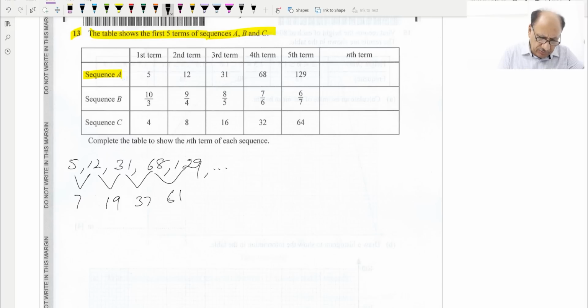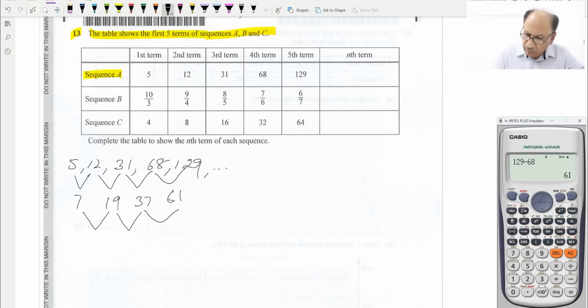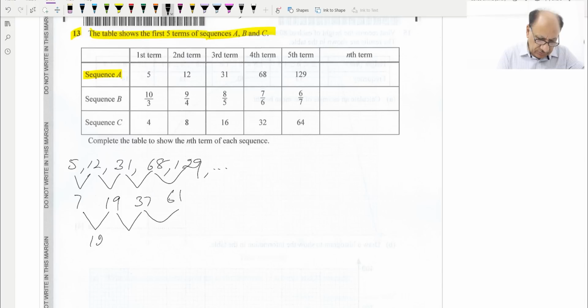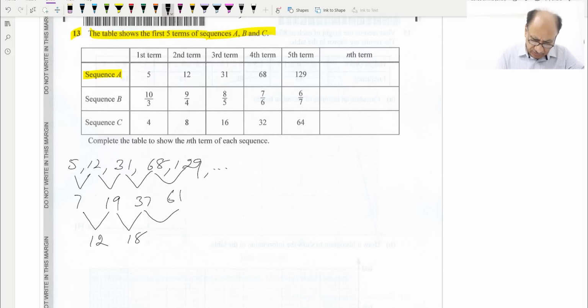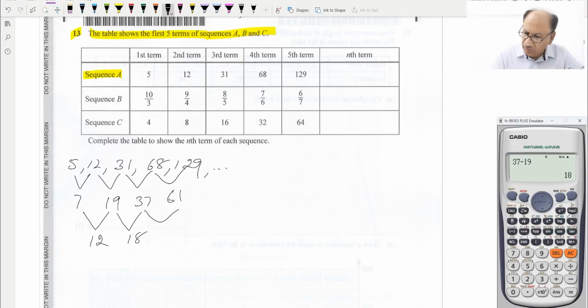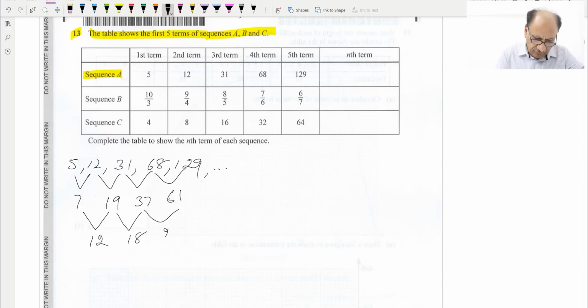Now the first difference is not the same. The second difference we will be checking, that will be 19 minus 7, which is 12, and second will be 37 minus 19, which is equal to 18, and third one will be 61 minus 37, and this is 24.